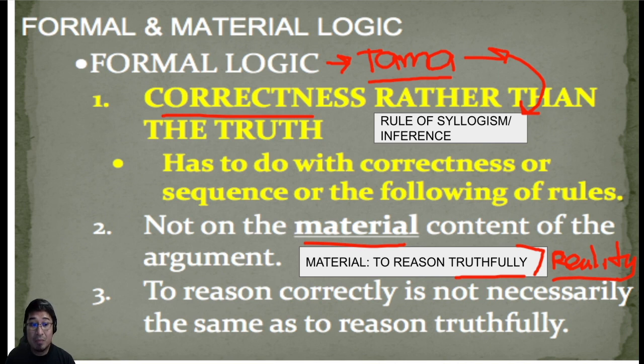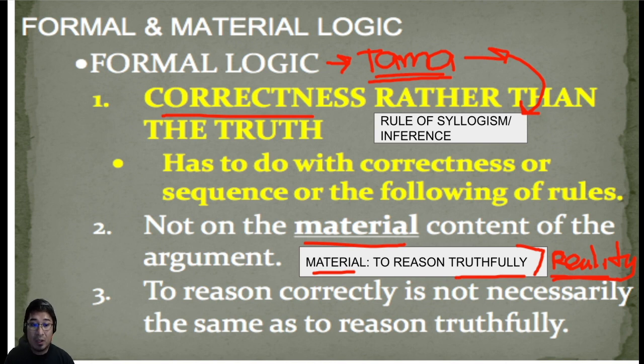Pwede mong makita sa realidad, kaya siya material. Ibig sabihin, lahat ng argument, lahat ng premises na sinusunod under formal logic, hindi siya totally na sinusunod yung truthful found in reality, but yung pagiging tama ng rule na nakapaloob dun mismo sa inference and syllogism ng isang argument.